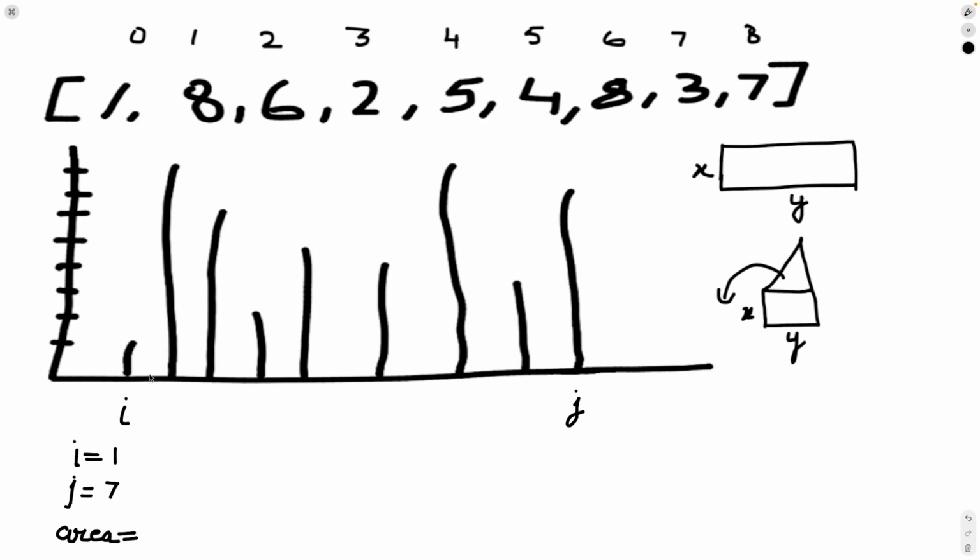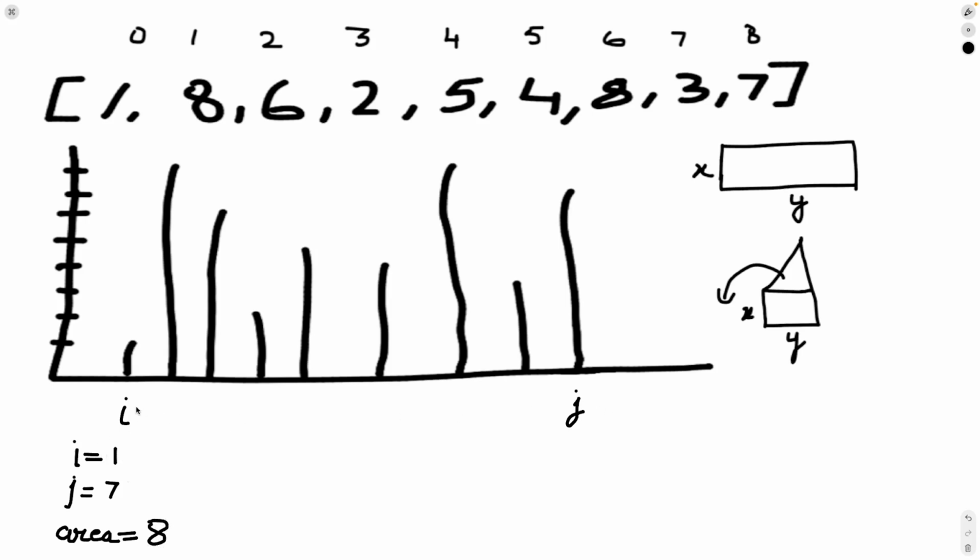So my area will be, if you look at the places of y, how much it is: 1, 2, 3, 4, 5, 6, 7 and 8. So it is 8. Y-axis is going to be 8 for this, but let's look at the minimum of I and j, because as explained here, that's the amount of water that can be stored, otherwise it will flow off. So it can only store water till here, so it will be 8 into 1, so my area is going to be 8.